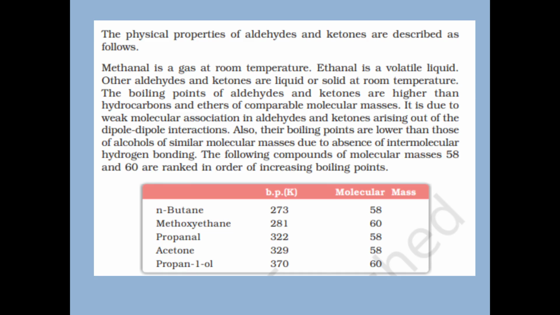Also, their boiling points are lower than those of alcohols of similar molecular masses due to the absence of intermolecular hydrogen bonding. Here the table of boiling points is given: n-butane 273, methoxyethane 281, propanal 322, acetone 329 and propanol 370. So it suggests that the alcohol has the highest boiling point.